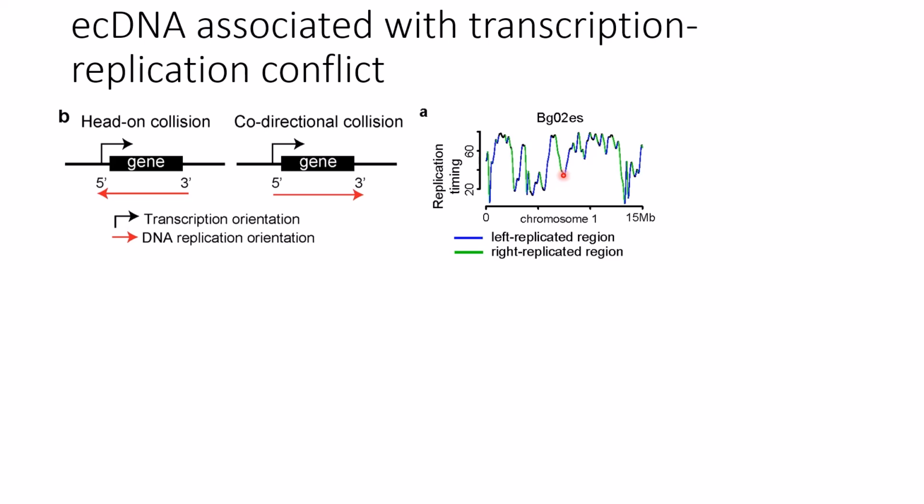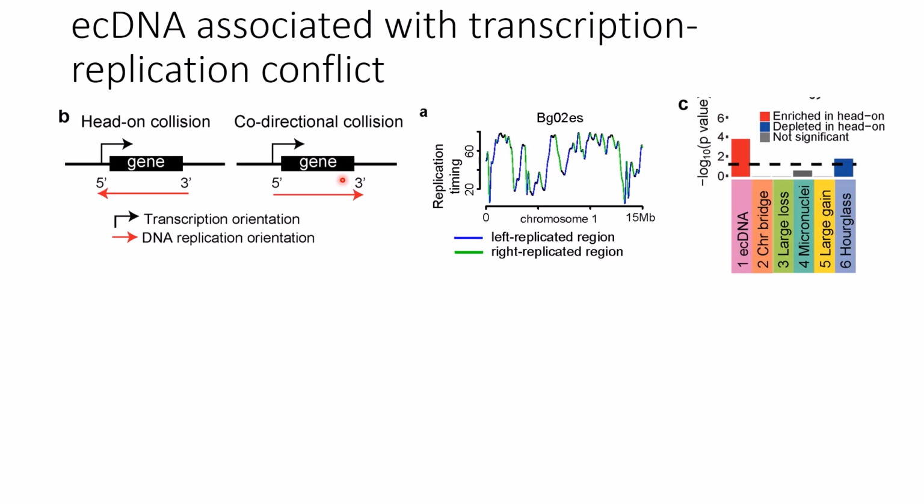Then for every gene, we could define them as a head-on collision gene or co-directional collision gene. Then we test the enrichment of the rearrangement breakpoint belonging to these 6 different signatures.